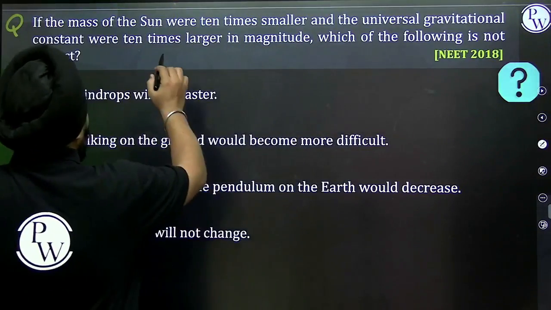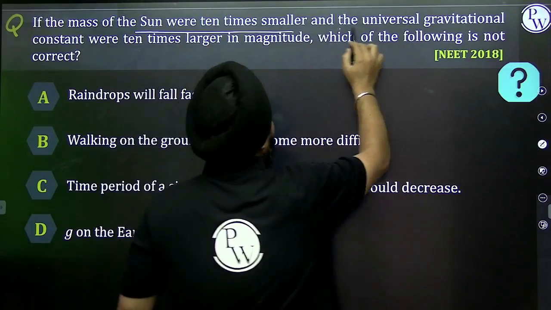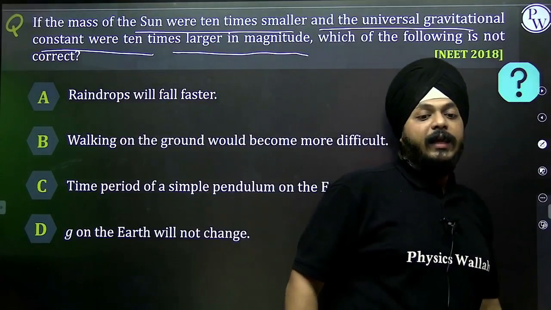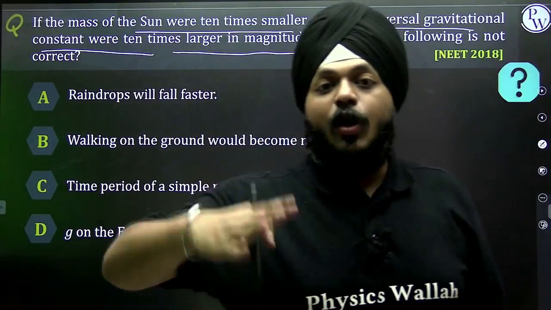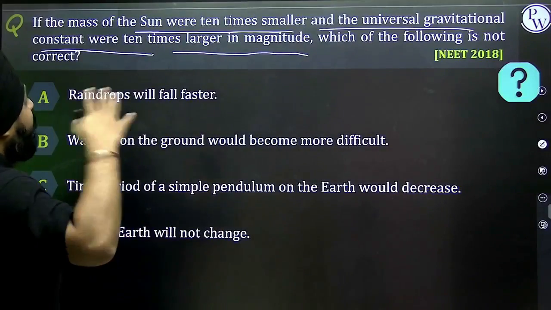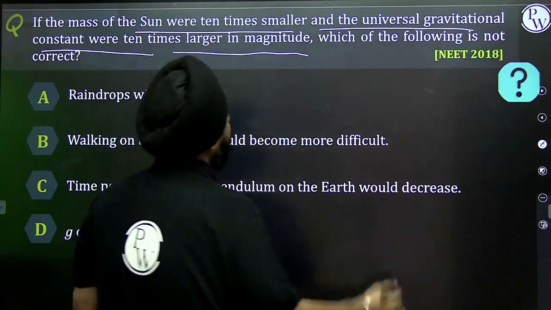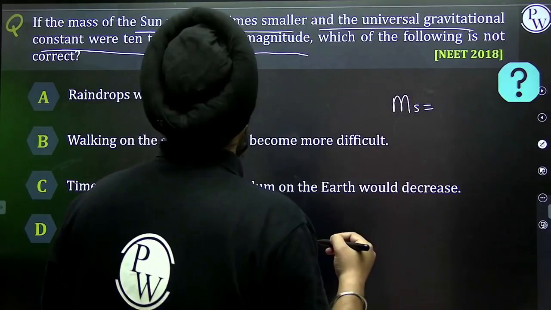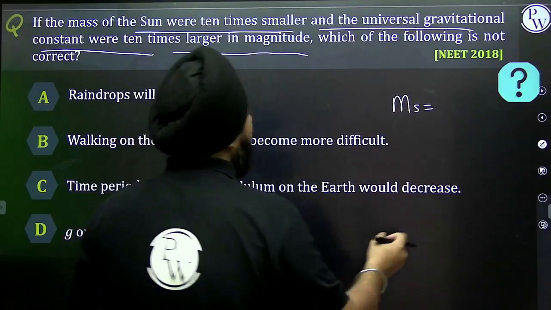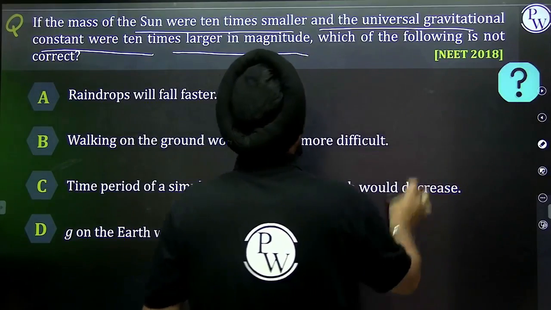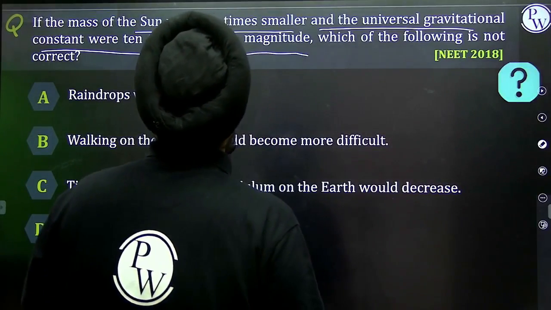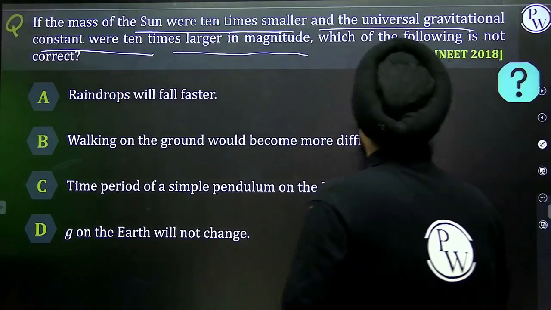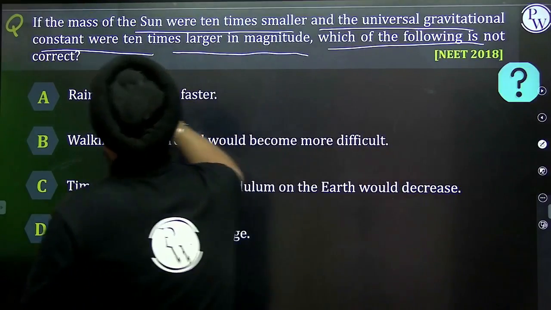If the mass of the sun were 10 times smaller and the gravitational constant were 10 times larger in magnitude, which of the following is not correct?